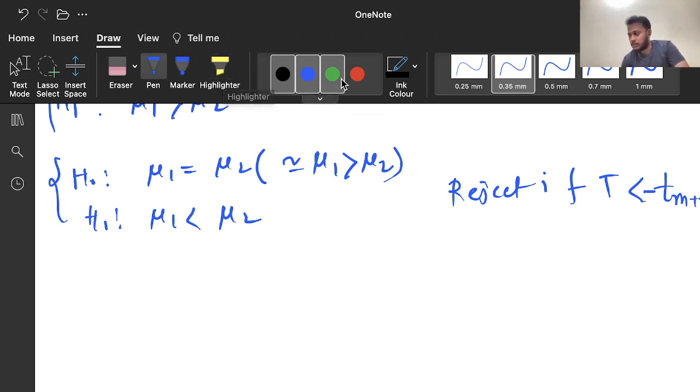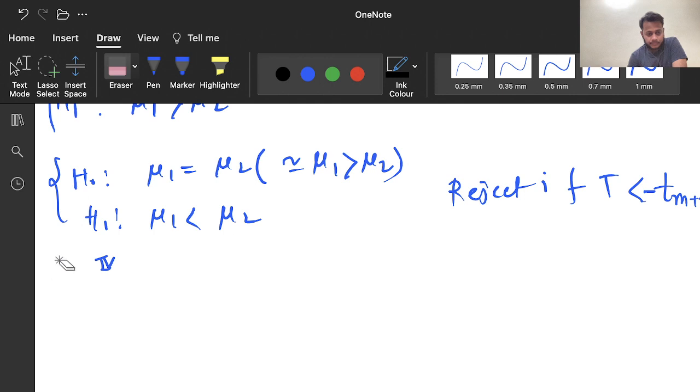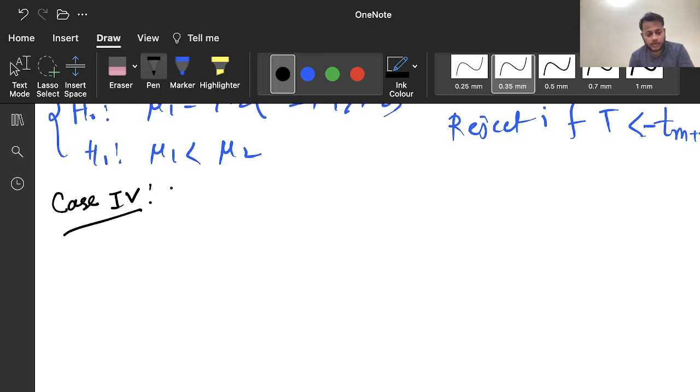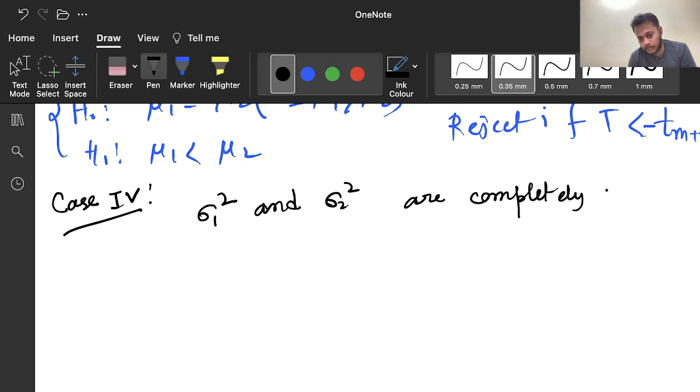Now the last thing is case 4, where sigma 1 square and sigma 2 square are completely unknown.